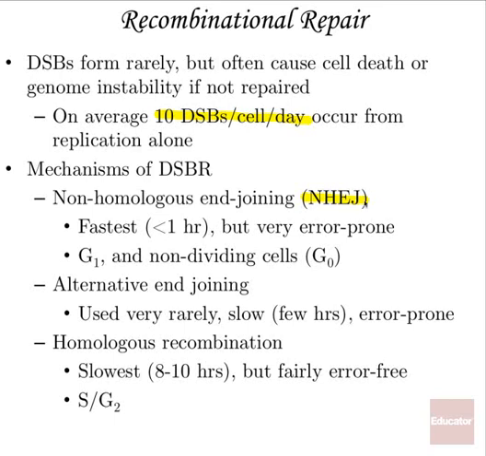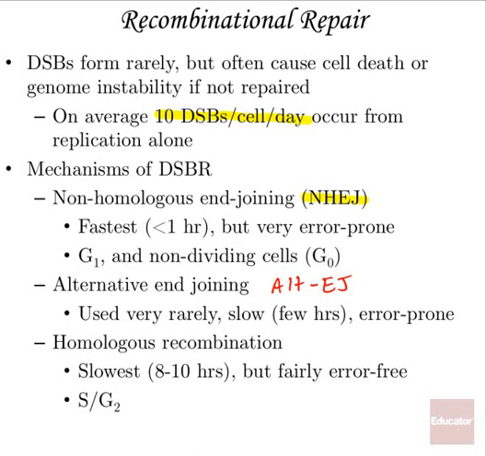We have alt-EJ, alternative end joining. That's used very rarely, and it's really slow, about a few hours long, and it is also error prone. Then we have the preferred mechanism, homologous recombination.